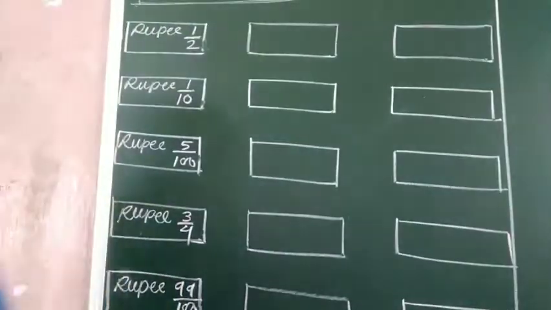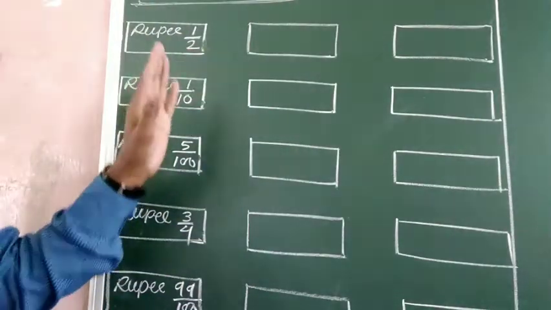So see, this column gives rupees by using fractions. It is written in the form of fractions.